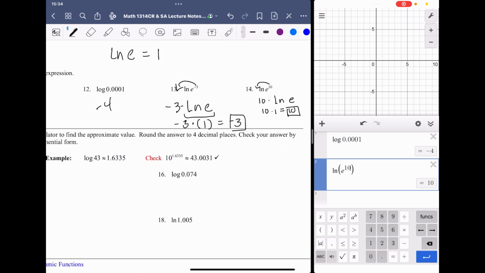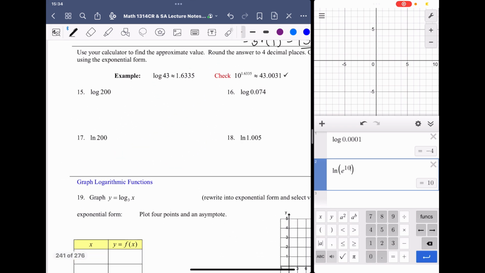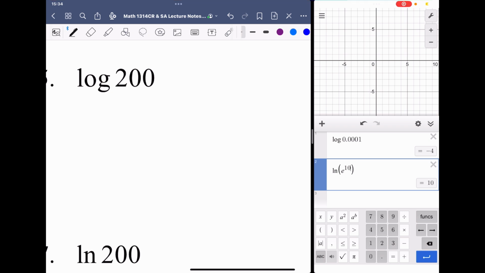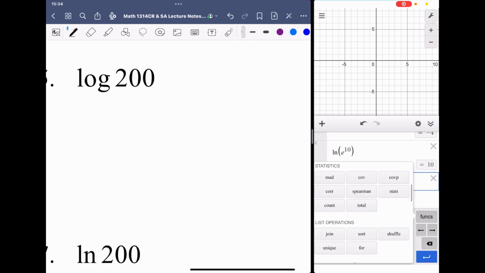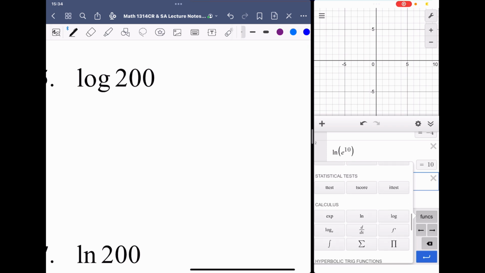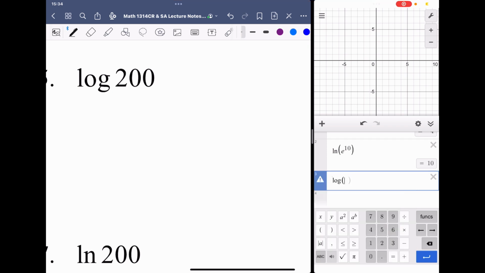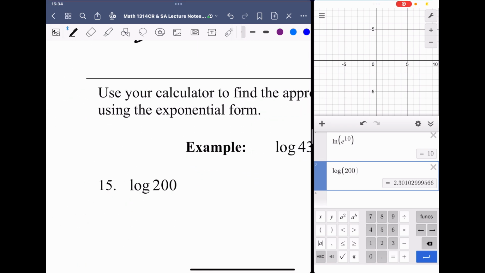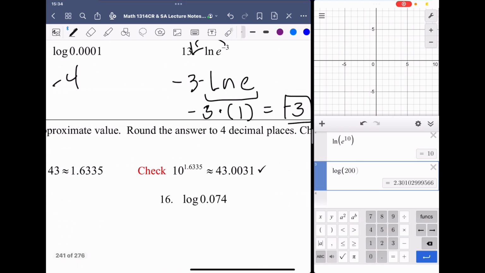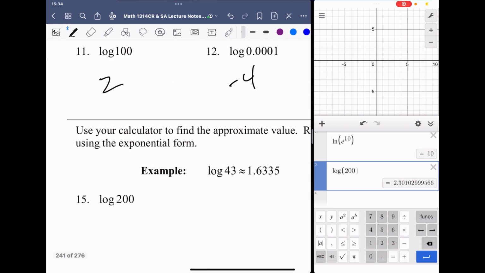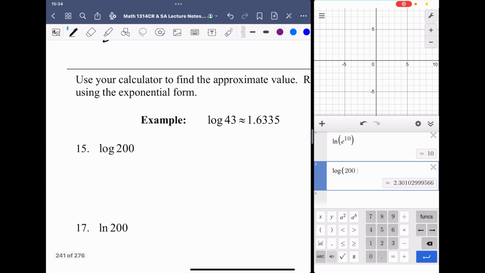Now this one says to use 4 decimal places. Should be fairly easy. So this is going to be log of 200. I'm very specific. Please use 4 decimal places. It says approximate value, round to 4 decimal places. Check it in exponential form.